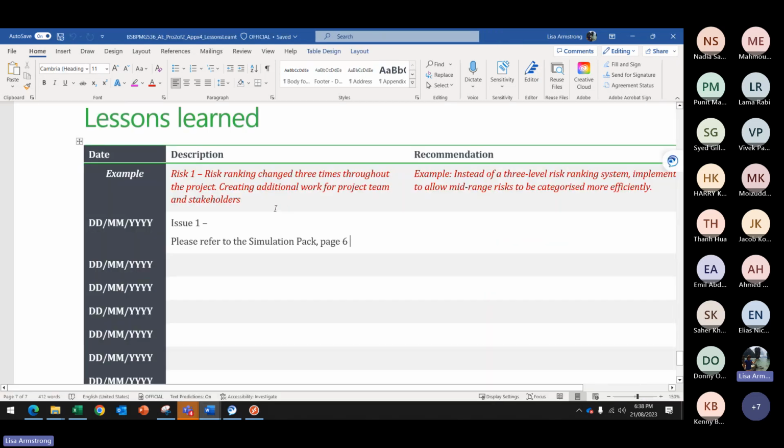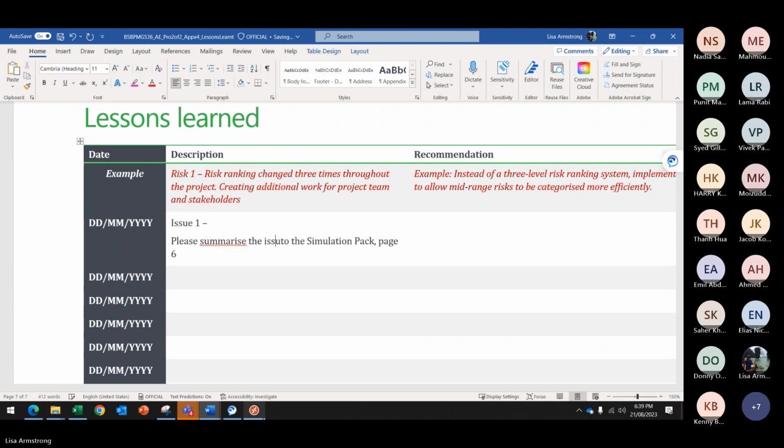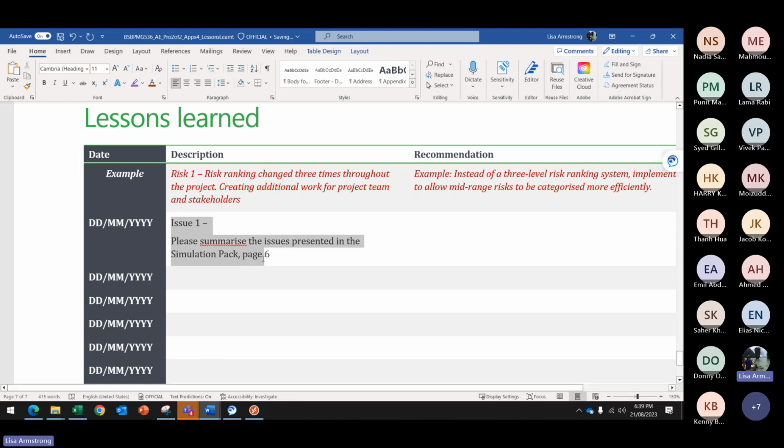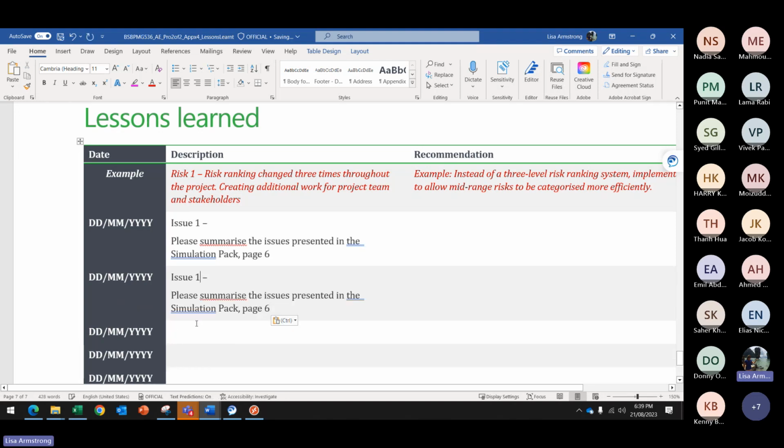You can go straight into this. So you can basically summarize, and I probably should put, please summarize the issue presented in the simulation pack, page 6. And then issue 2, you'll do the same again for the second one.